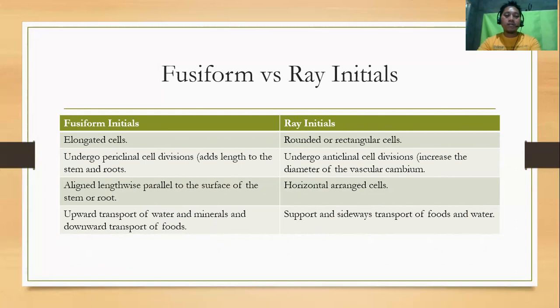They transport water and minerals from the roots to the leaves, and transport foods from the leaves downward to the different parts of the plant toward the roots. While the ray initials provide support and sideways transport of foods and water. So the fusiform initials transport water, minerals, and foods straight upward, while the ray initials transport foods and water horizontally.